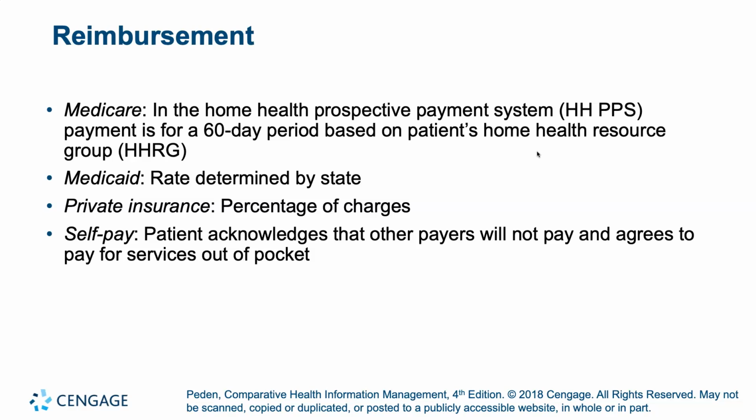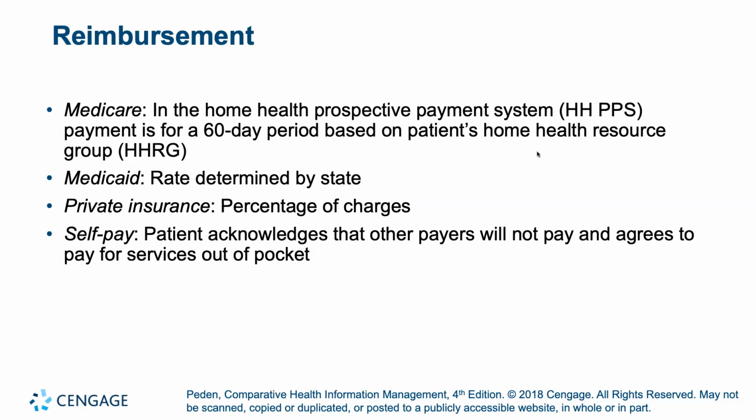So we're studying that this week. So this is kind of funny that they dovetail at the same time. But anyway, the prospective payment system, HHPPS, they use their form of DRG is called HHRG, and it's for a 60-day period.